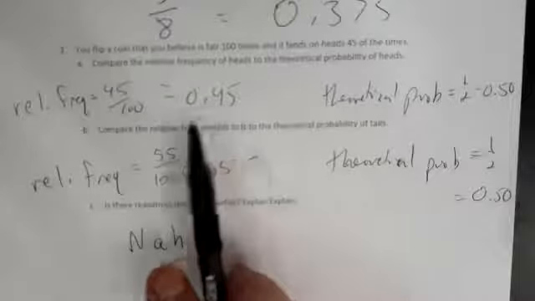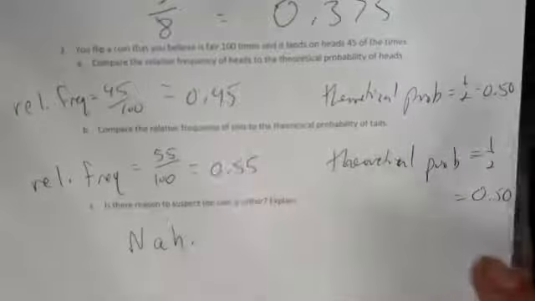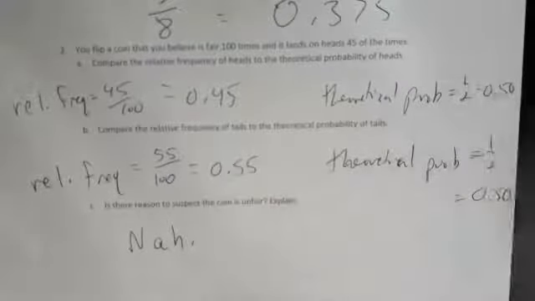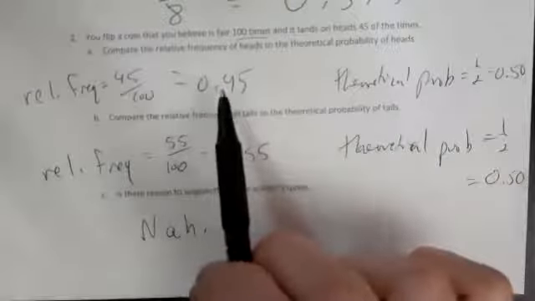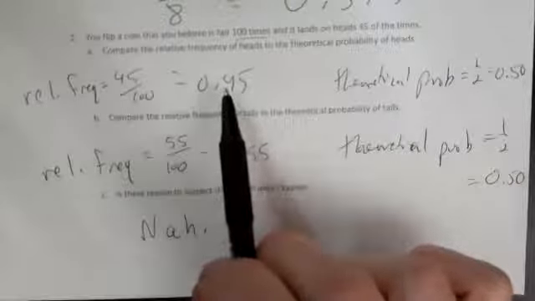The moral of the story here is that your relative frequency is not going to be exactly your probability. I thought it was because of the amount of times that you do it. Yeah, that's also a factor, right? We're only doing it 100 times, but these two things are probably never going to be exactly the same. They might be by coincidence, but most of the time, these things are never going to equal each other.